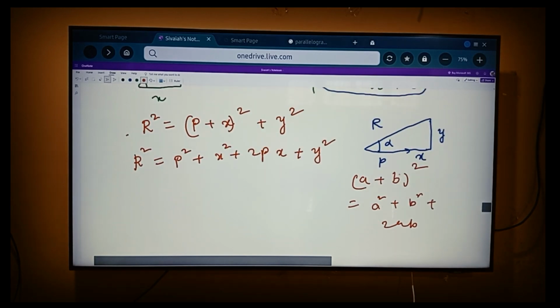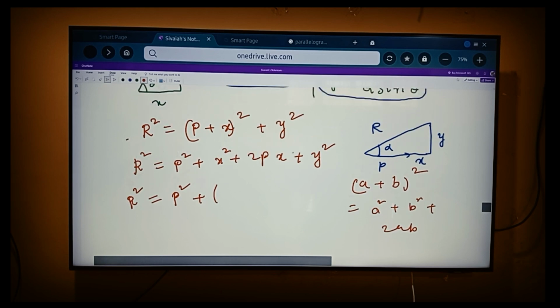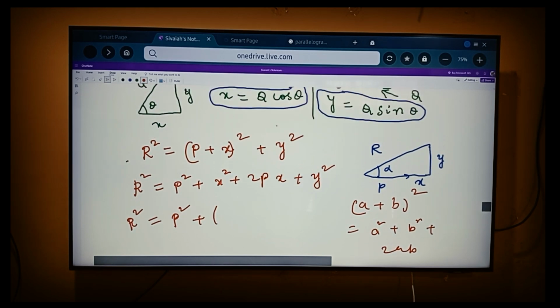Now you substitute. So here R square equal to P square plus x square means, what is the x value? Can you tell? X equal to Q cos theta, y equal to Q sin theta.